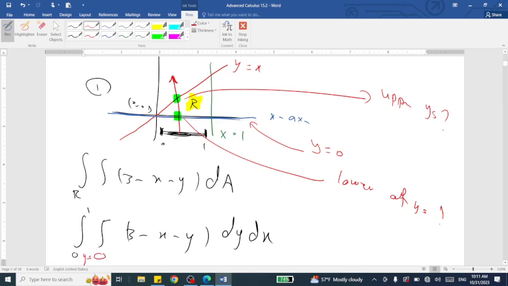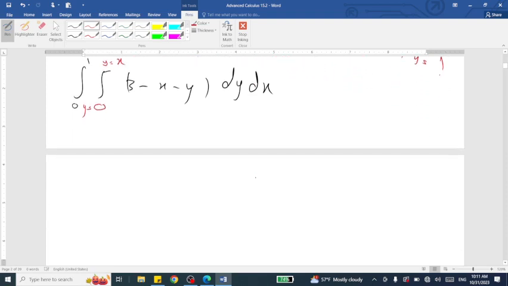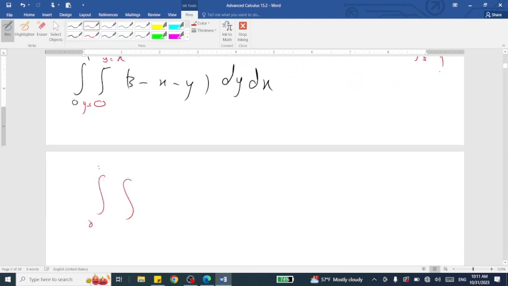Okay. How about here for the upper? Y equal to what? X. Is that clear? So that means we are in such a situation. So my integral changes: from 0 to 1, from 0 to x, of 3 minus x minus y, dy dx.